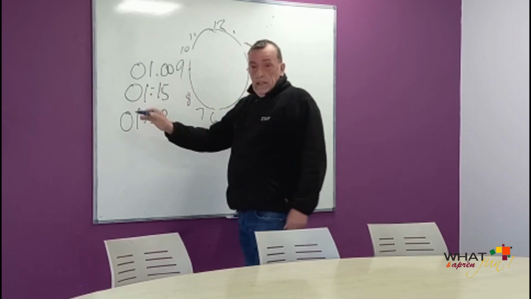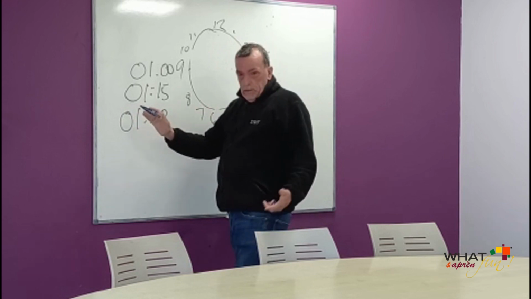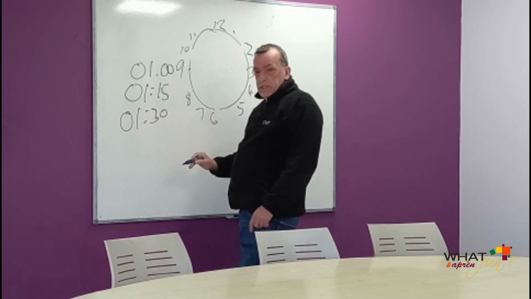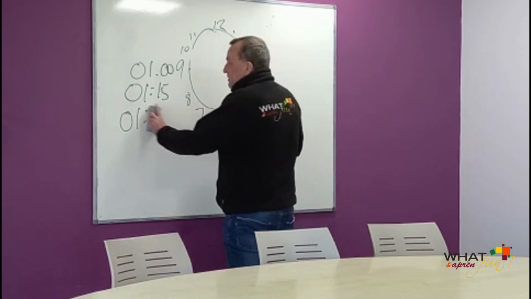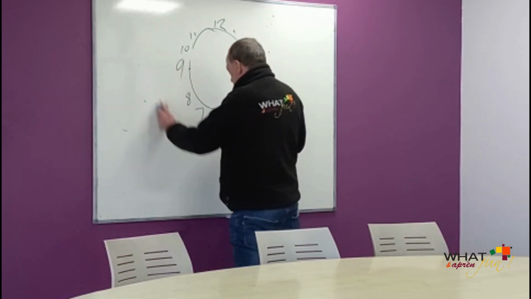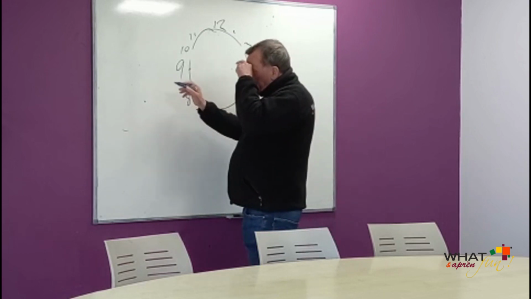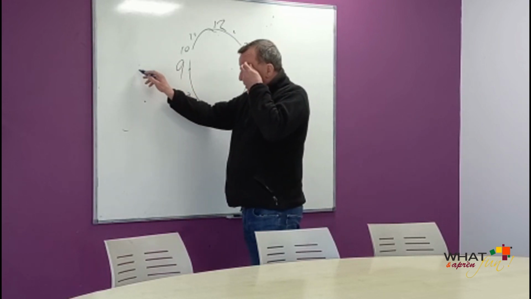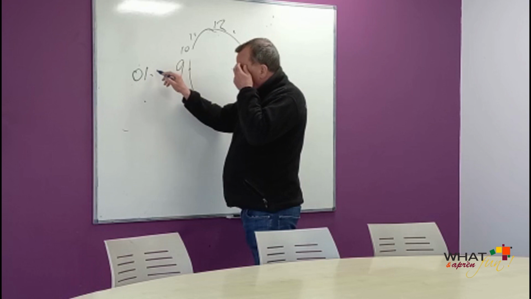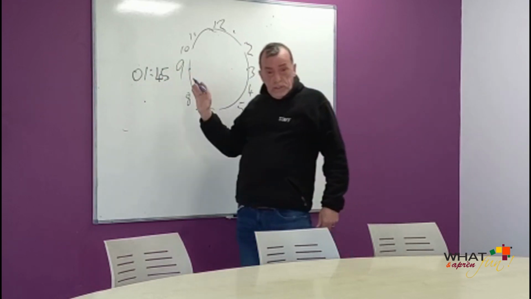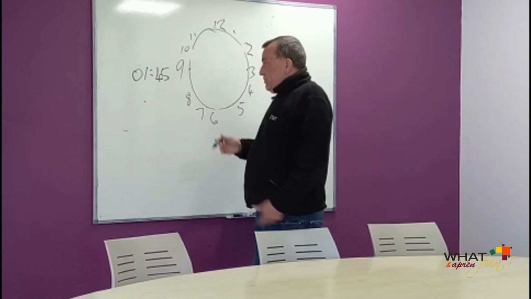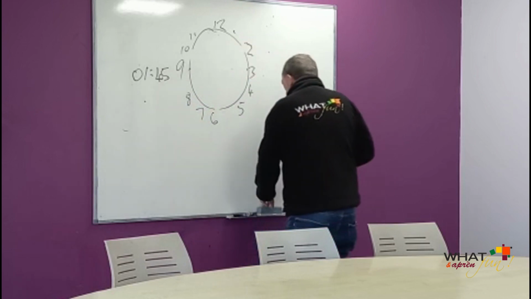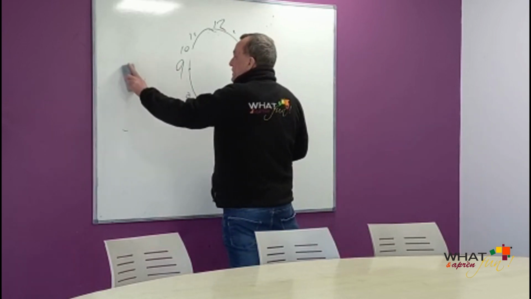Similarly, I can say it's 01:30, I'll come on to this, or it's 1:30. Nice and simple. Also, let's say it is now 1:45, or 1:45. Nothing wrong with that. So that's how we read a digital clock.